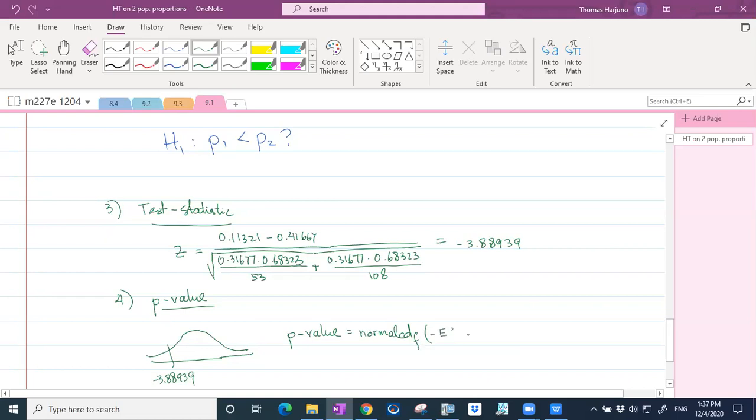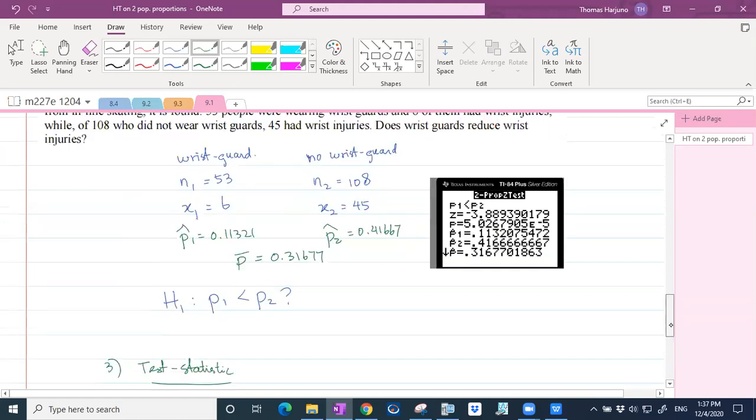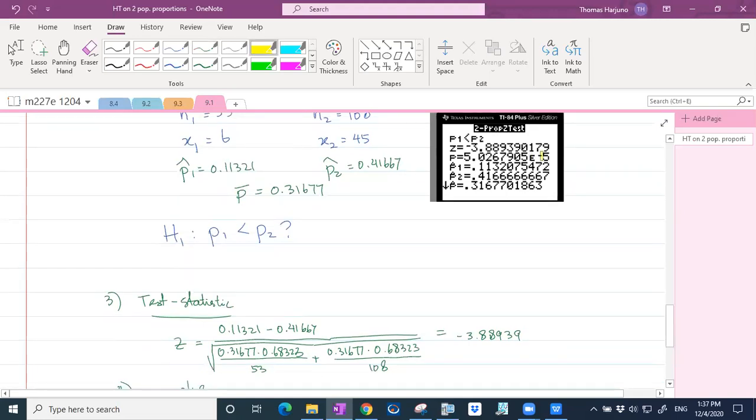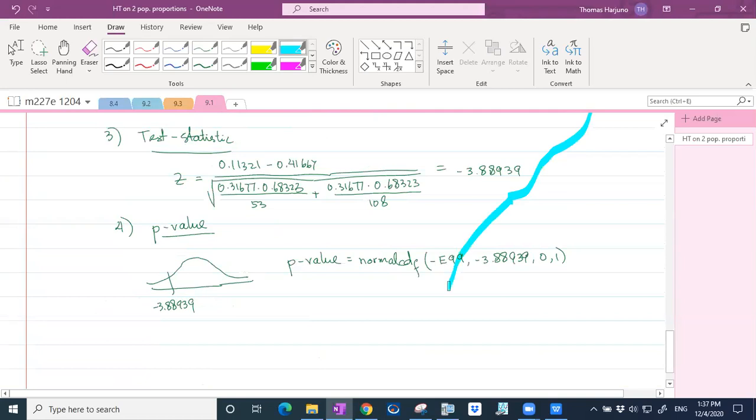This tells me you know what to do, and you know how to do it fast. The p-value is 5 blah blah blah e to the negative 5. Don't forget this part. Okay, especially this part. Don't forget that. And that will be e to the negative 5, right? So 0.00005 something.